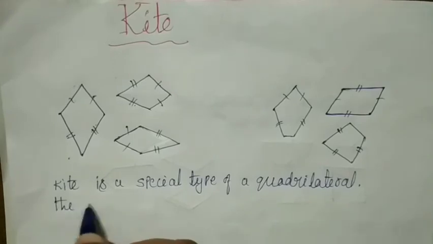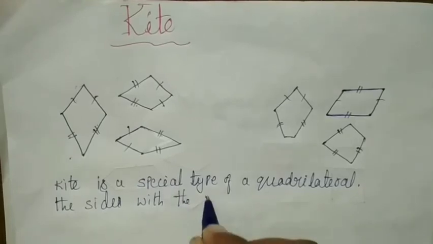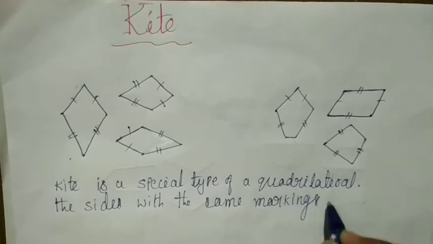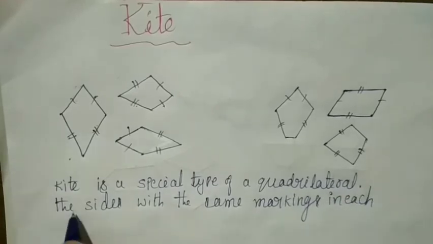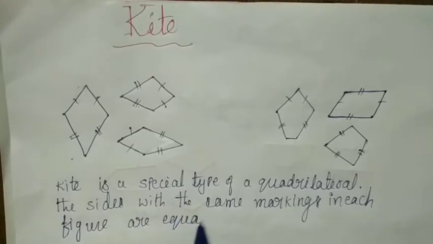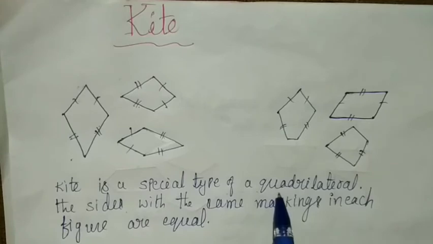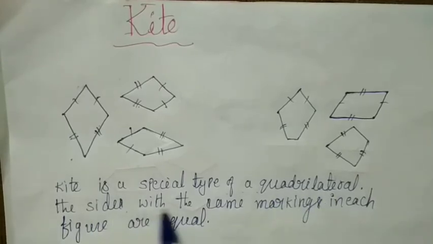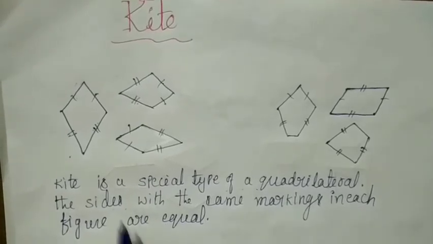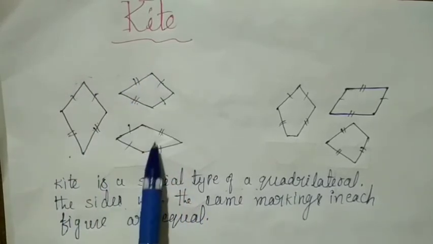The sides with the same markings in each figure are equal. For example, kite is a special type of quadrilateral. The sides with the same markings. Look at the figure. The sides with the same markings in each figure are equal.